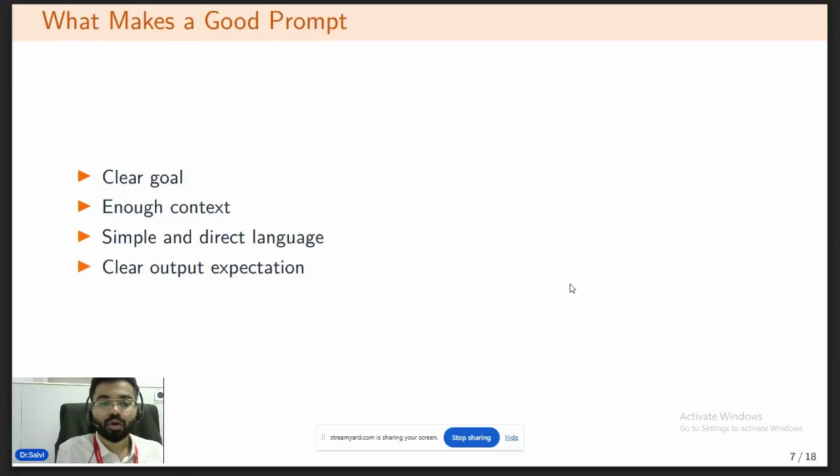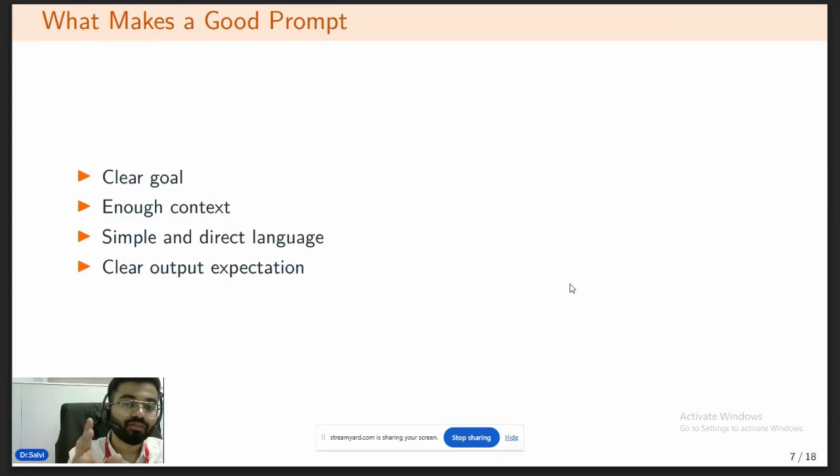Now let us talk about the characteristics of a good prompt. These are going to be very contrary to what we did in the previous slide, in which we talked about what a bad prompt looks like. For a good prompt, the first aspect is the goal that we want to reach. So setting a clear goal is very important.